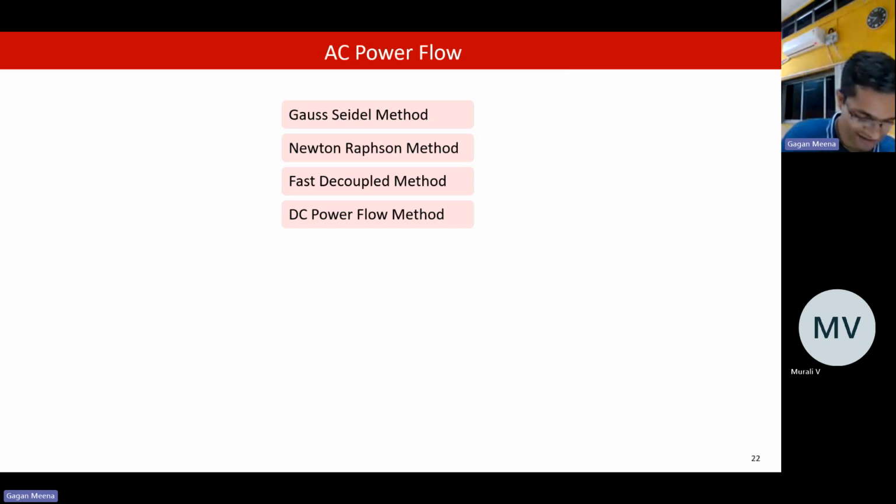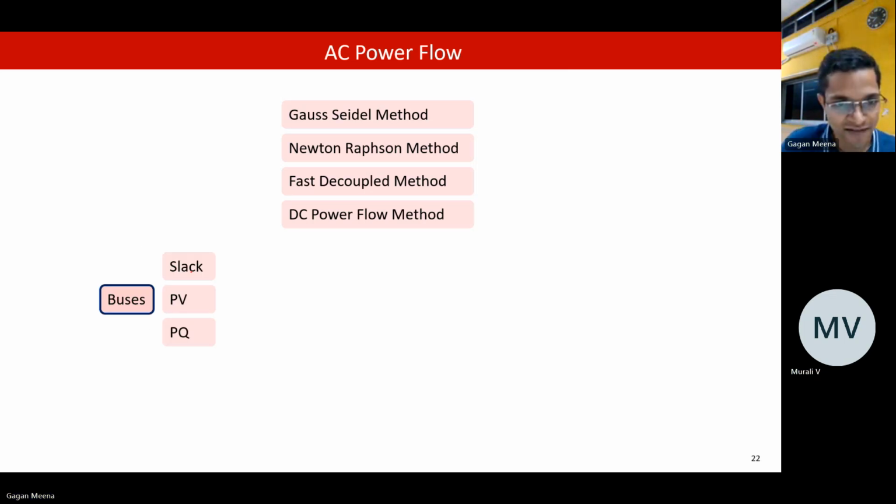So let's now discuss the same thing for AC power flow. We were saying, non-linearity was because of this voltage product. So what are the unknowns and knowns? We have voltage magnitude and load angle, and three bus types: slack, PV and PQ.